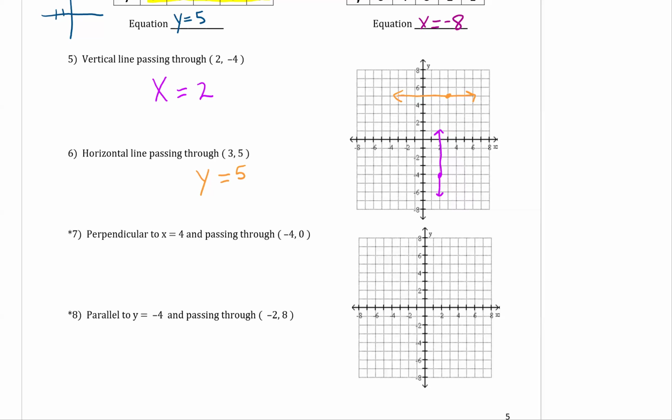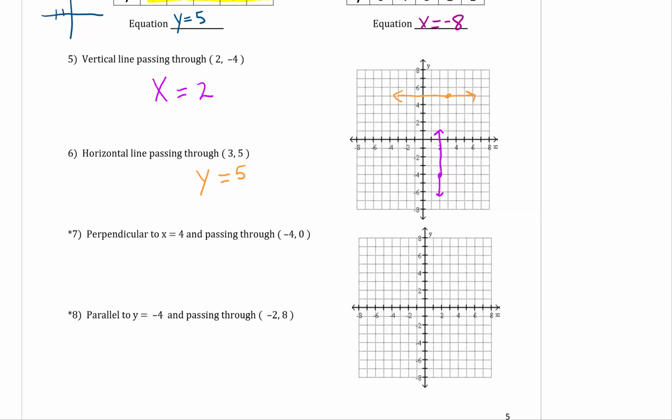Number 7. We want to find the equation of the line that is perpendicular to x equals 4 and passes through the point -4, 0. We want a perpendicular to x equals 4.